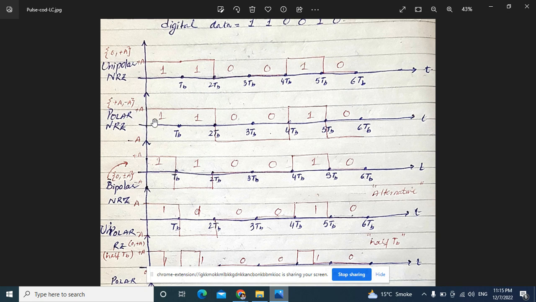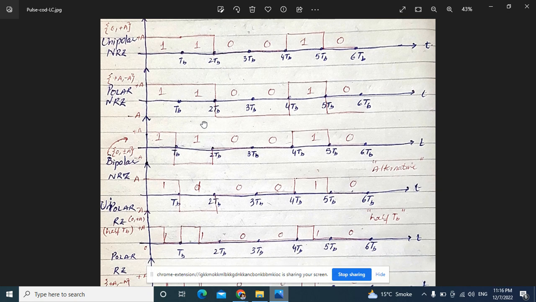The first bit is 1, so the amplitude is positive A. The second bit is again 1, so the amplitude is again positive A, and the third bit is 0, so it goes to the negative value, negative A. The next bit is again 0, so the amplitude remains the same, negative A, and then the other bit is 1, so the pulse moves towards positive A. The next bit is 0, so the pulse moves toward negative A.